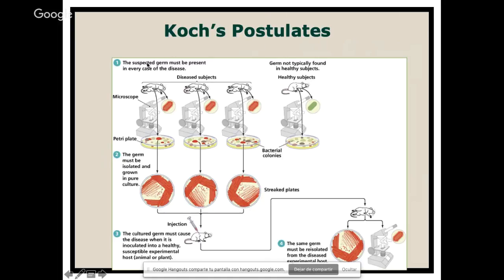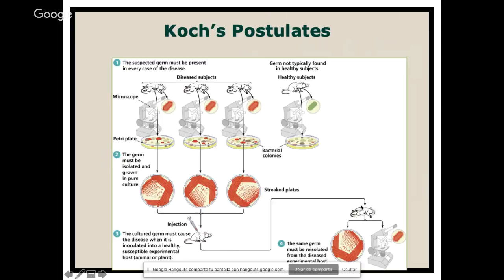Then we have the suspect germ to be present in each case of the disease. So we have the same agent in all these three animals. We put it in a culture, and they must be grown in a pure culture. Then, after we have this culture, we must contaminate another animal, and this animal must present the same disease.